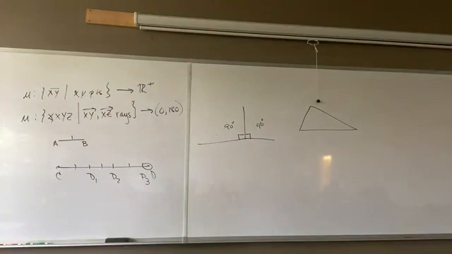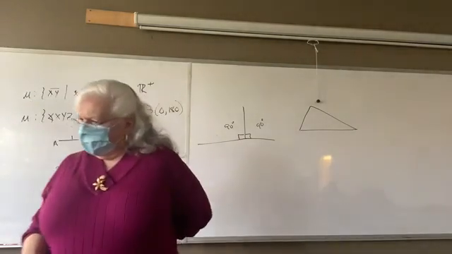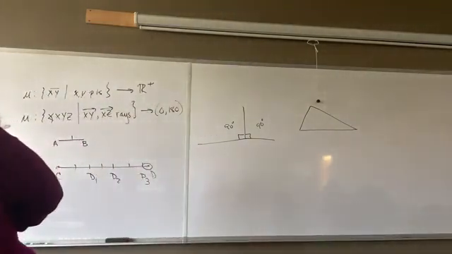I think exactly half might be really hard. But it says I want the measure to be half or less. Okay. Which angle am I looking at? ABC? Yeah.